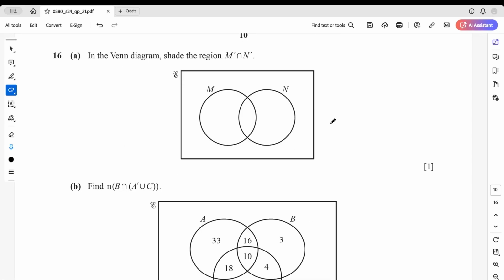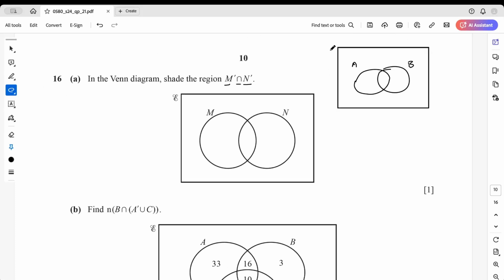Question 16. In the Venn diagram, shade the region M complement intersection N complement. So recall that when we have a set, okay, let's say we have a Venn diagram. Let's say this is set A, this is set B, and they are all within the universal set.